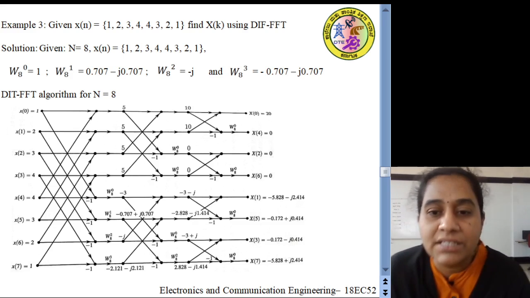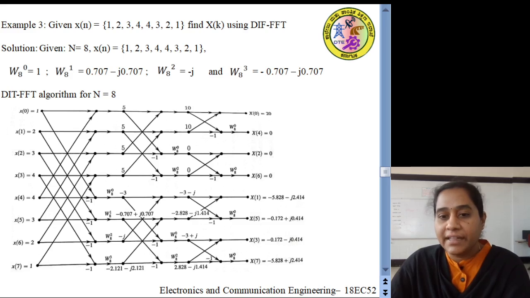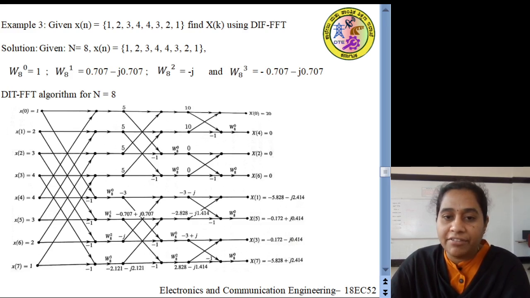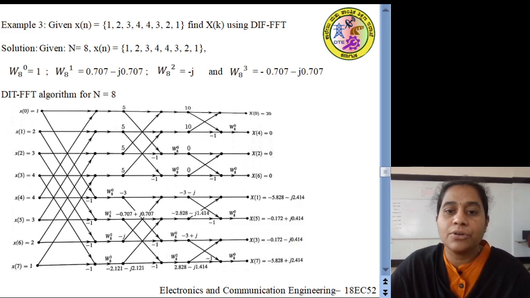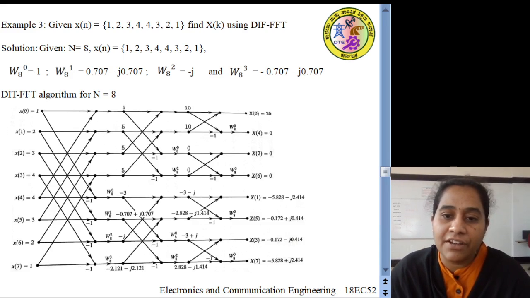So for doing this, we have to write the flow graph first. After writing this flow graph, we have to give the input values. We have to write the inputs in natural order. So x of 0 is equal to 1, x of 1 is equal to 2, x of 2 is equal to 3, x of 3 is equal to 4, x of 4 is equal to 4, x of 5 is equal to 3, x of 6 is equal to 2 and x of 7 is equal to 1.